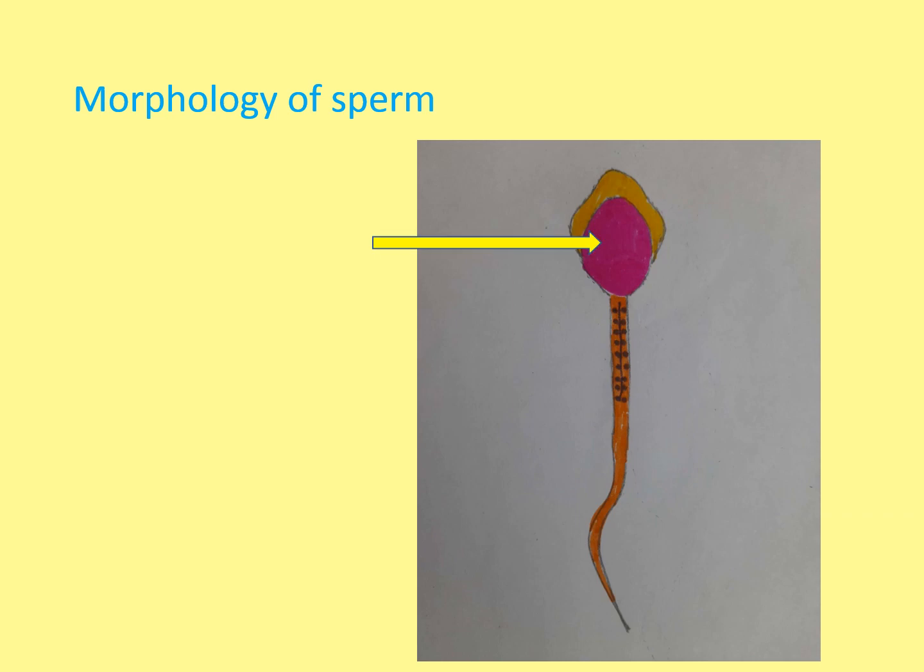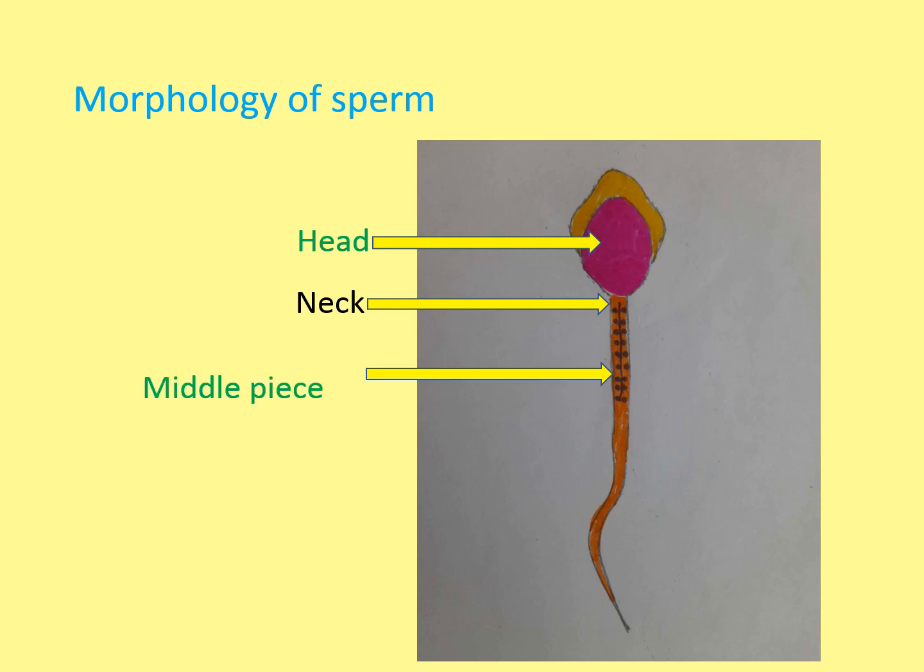Now the head has chromosomal material, that is DNA. The initial part of the middle piece is the neck and the middle piece contains the mitochondria. Now the tail of the sperm is called the flagellum.